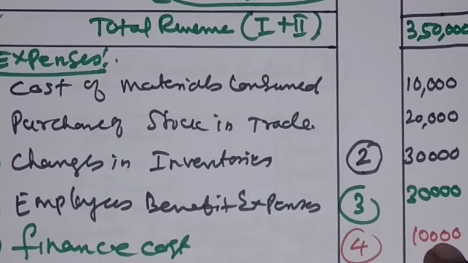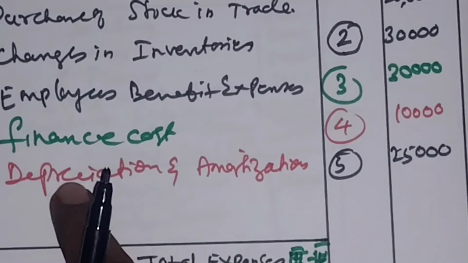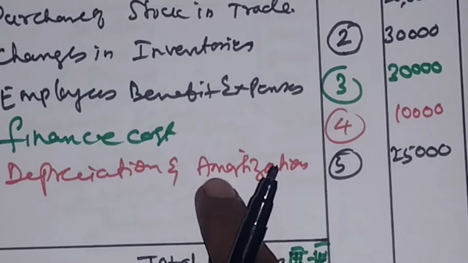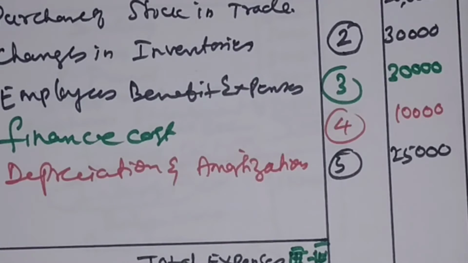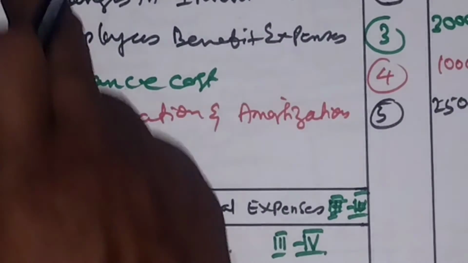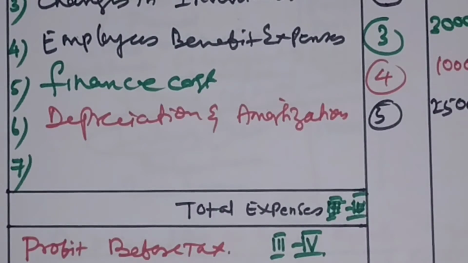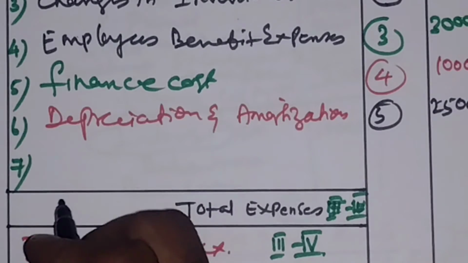Finance cost is called interest, and depreciation and amortization, depreciation on tangible assets, amortization on intangible assets, put together 25,000. The serial numbers are written for understanding purposes, it is not a must, but with the serial number we will remember everything.